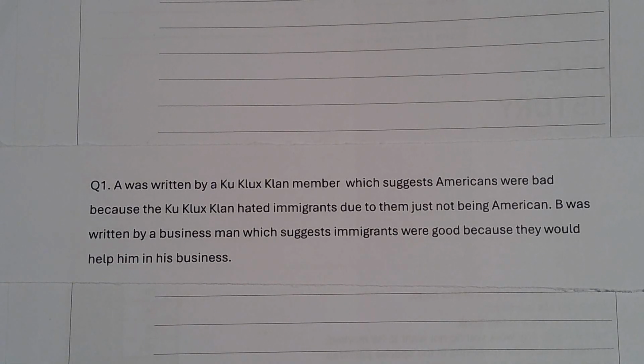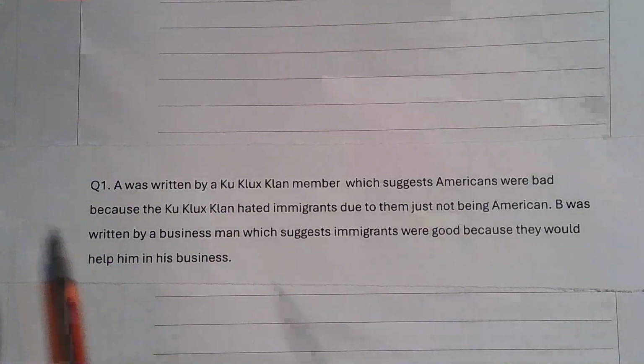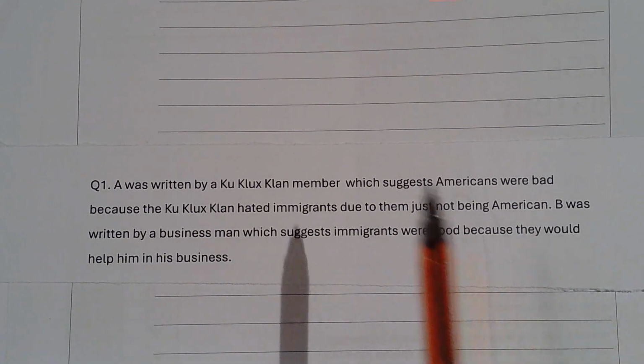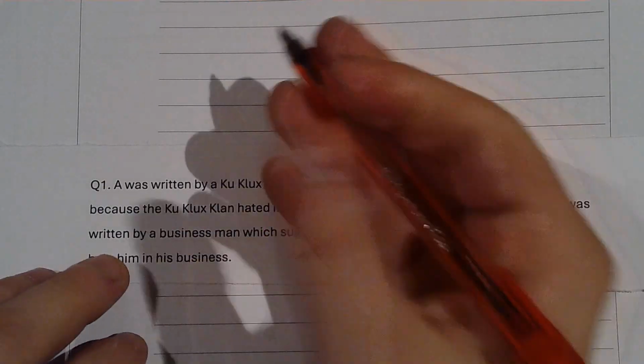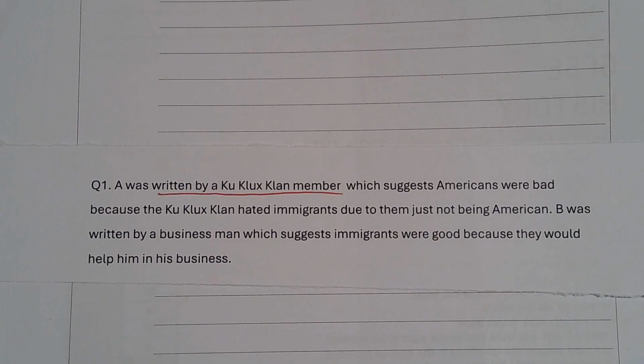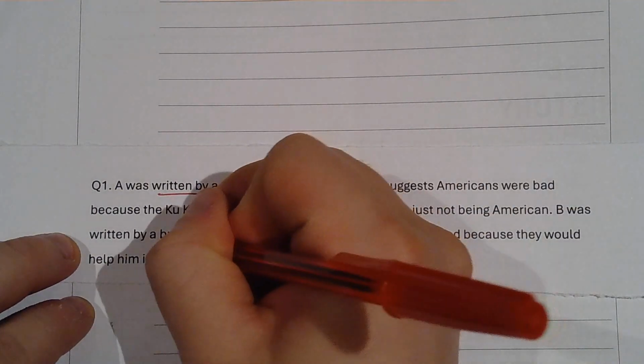So the first thing that a lot of people do is they confuse how to answer question 1. For example, the answer here says A was written by a Ku Klux Klan member, and B was written by a businessman.